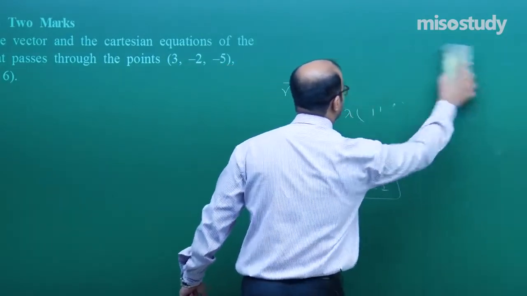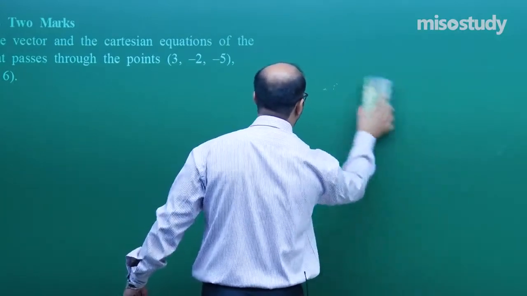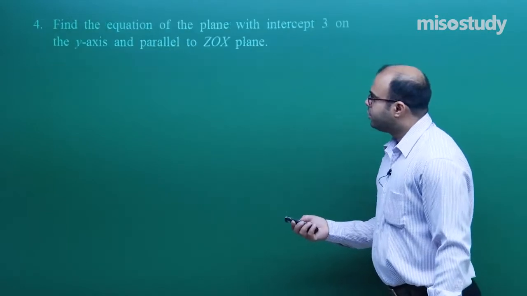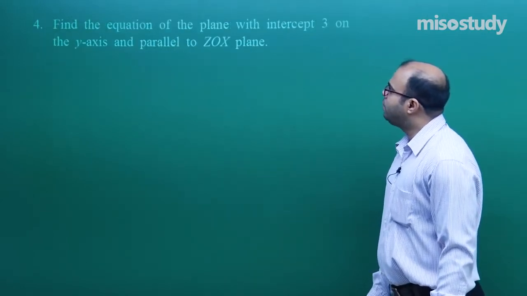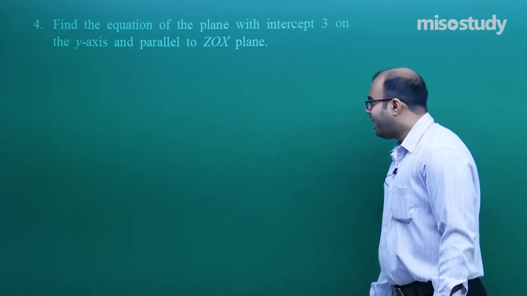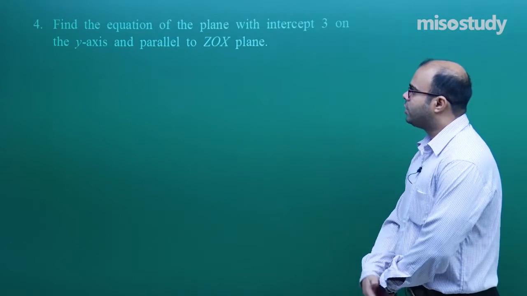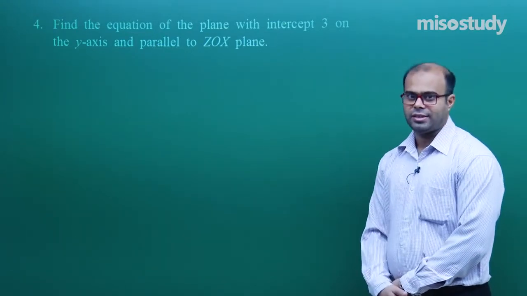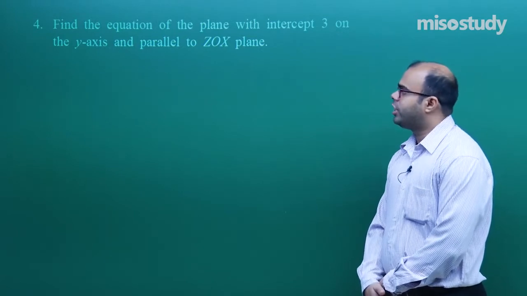Next question, and that question is also of 2 marks, the fourth question: find the equation of the plane with intercept 3 on the y axis and parallel to ZOX plane. So here it is saying you have to find the equation of that plane with intercept 3 on the y axis and parallel to ZOX plane.